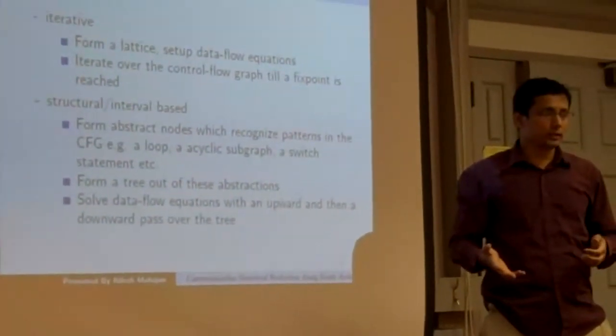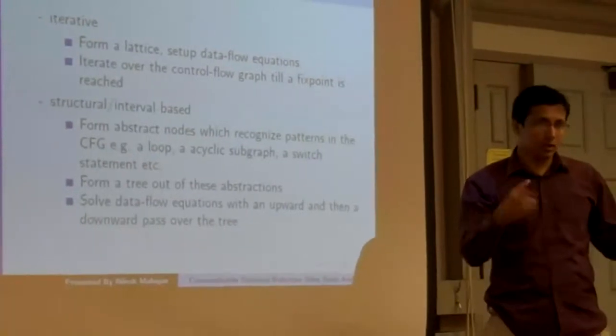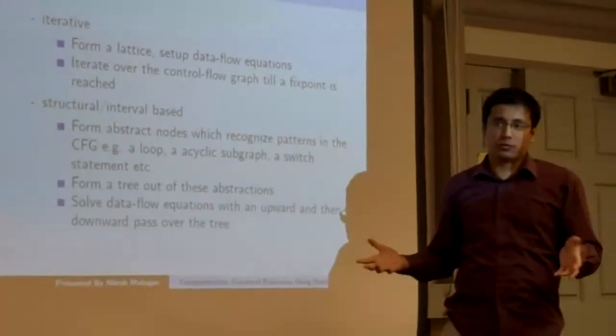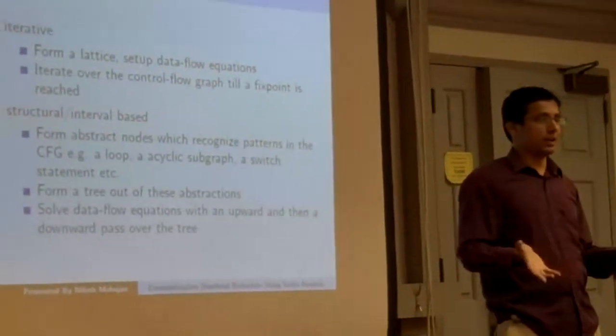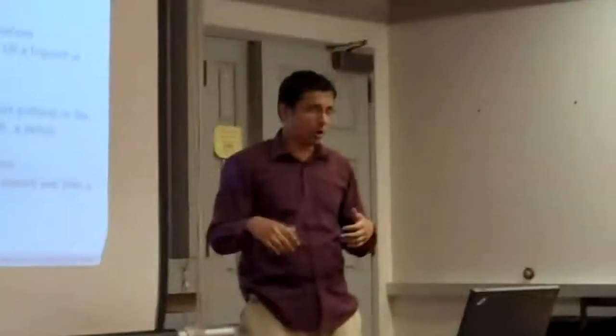Then what you do is you define what you mean by the values that you want to compute at a certain point. You cannot compute arbitrary values because we know that problem is undecidable. So for this to be sound, you have what is called a lattice.